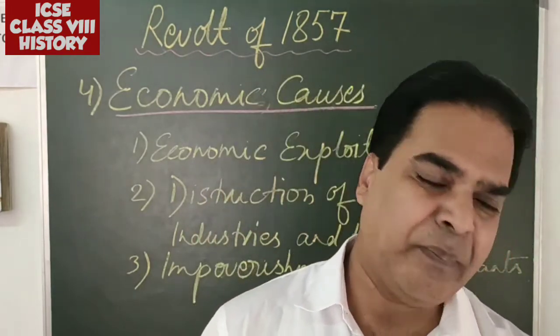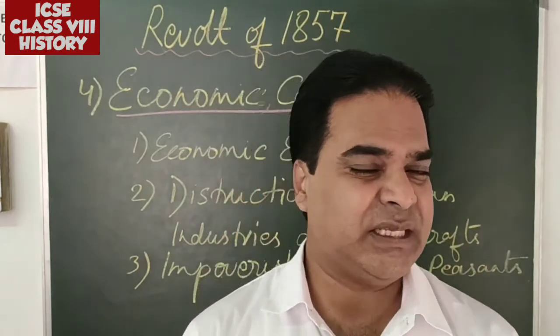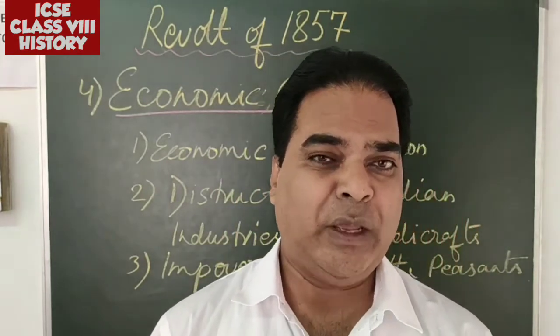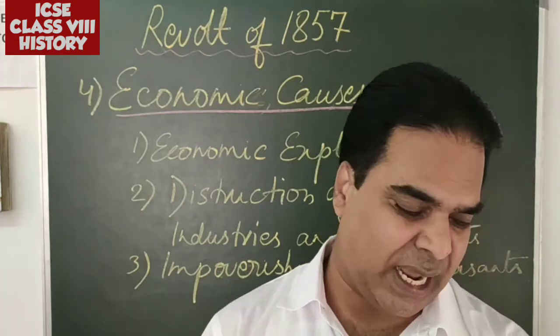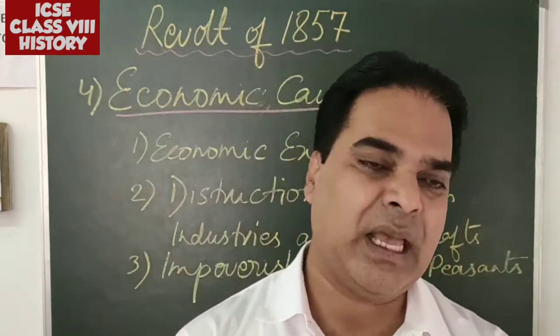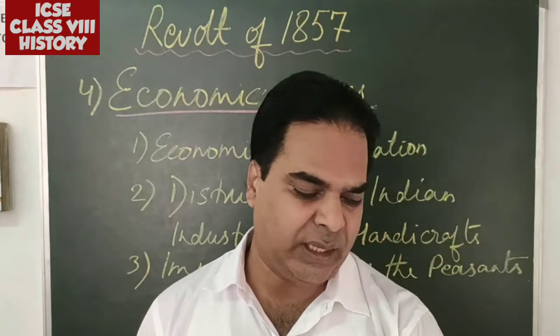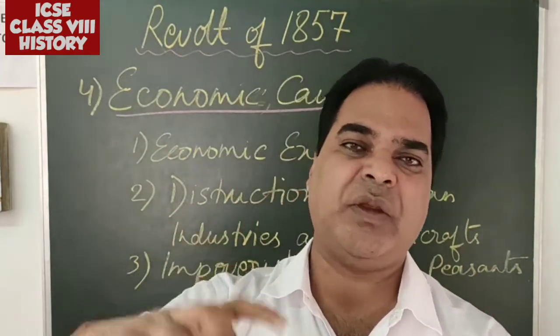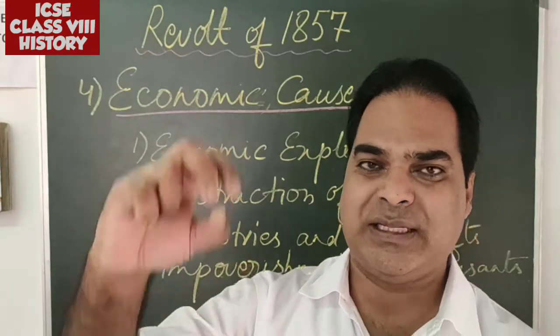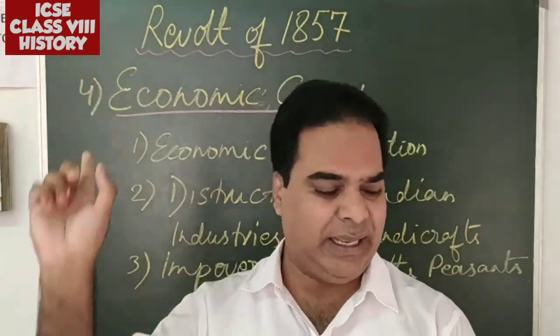Since India was very popular for textiles, the company prohibited. Now you can see the East India Company prohibited the sale of Indian textiles like silk, muslin and calico in England. All these were banned. That means restrictions were imposed on the selling of textiles, silk and calico in England.